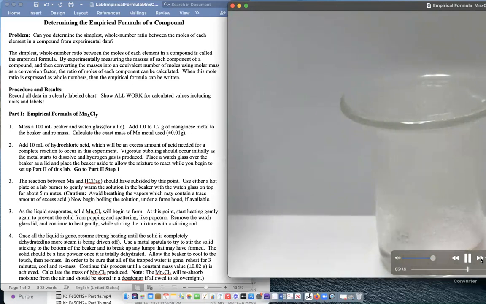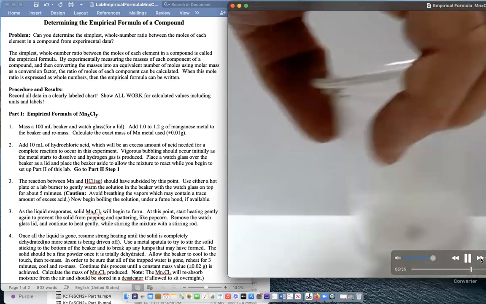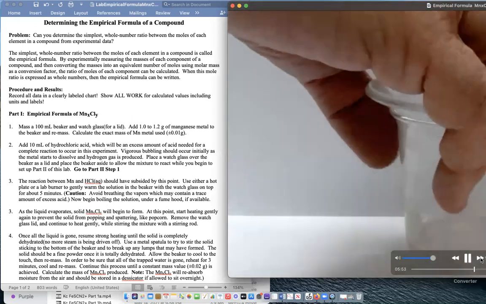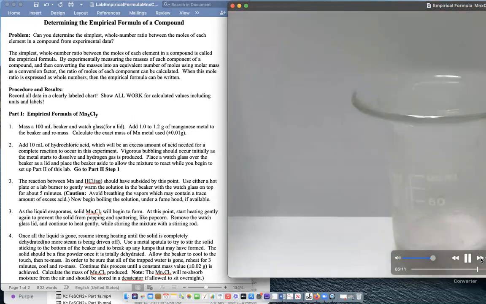In some cases, we can do this under the fume hood to minimize any initial vapors that might come off, which will be mostly the hydrogen gas and a little bit of aqueous water vapor, but it may bring with it some hydrogen chloride that's in there. So you might want to do it under a fume hood if you have that available for you to work with.